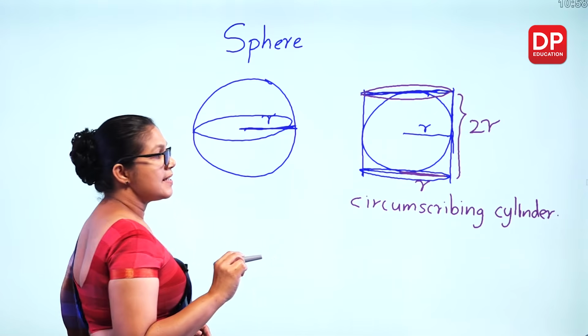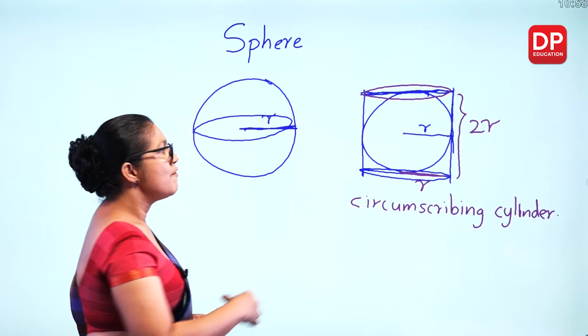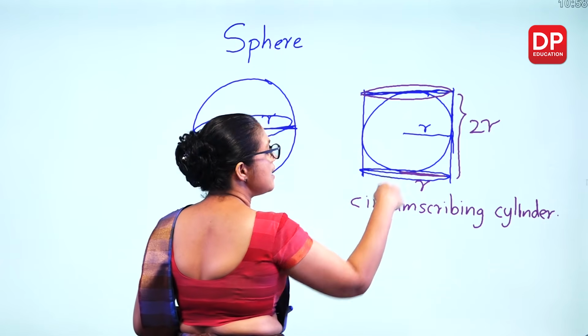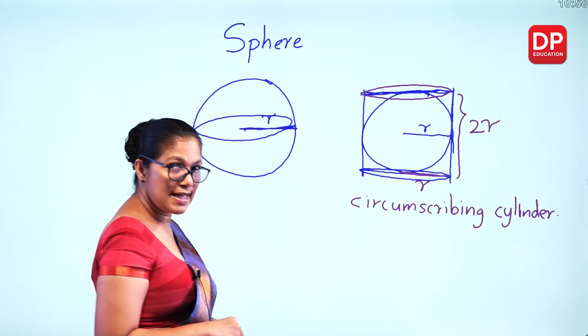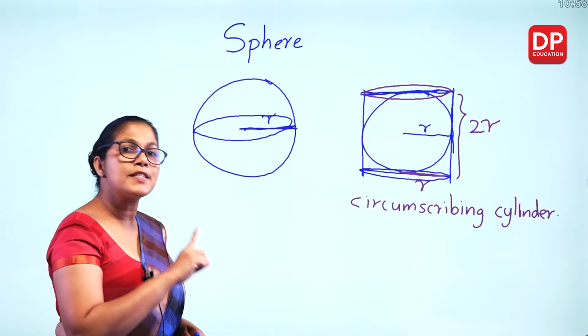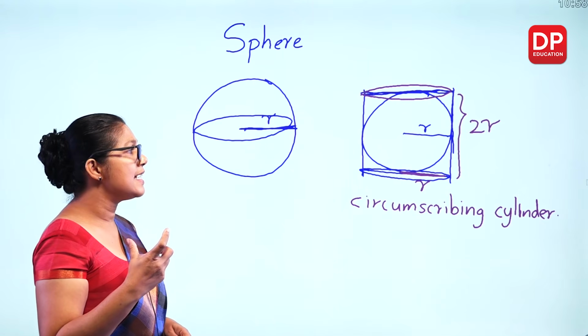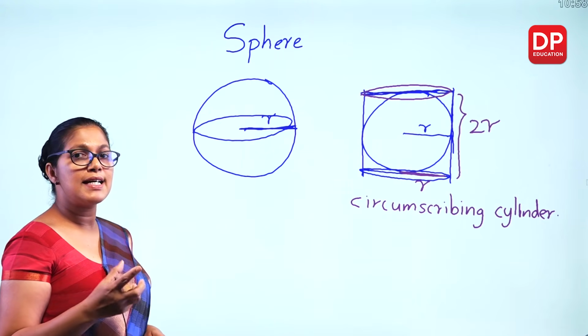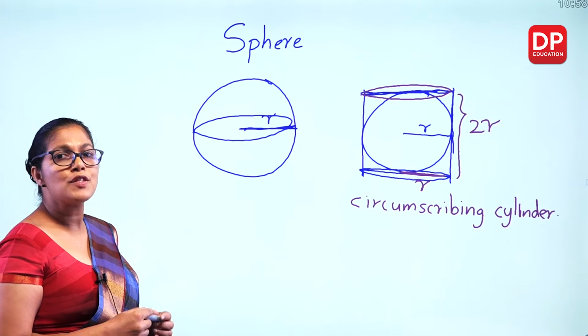Archimedes found that when you include the sphere in a circumscribing cylinder, the curved surface area of the cylinder is the same as the surface area of the sphere.